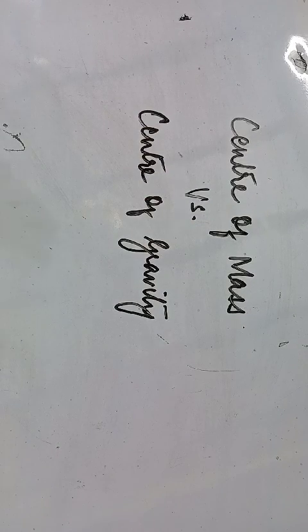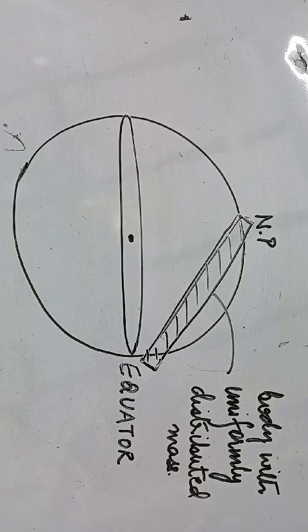Now for understanding the difference between the two, let us take an example where we have a body, a uniformly distributed mass in a body which is quite long. Here is the diagram that will help you understand the difference between center of mass and center of gravity.